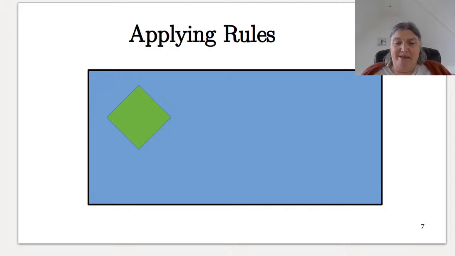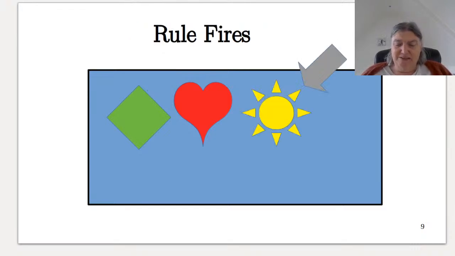Now I have the green diamond in the store. I will add a red heart from Prolog, and now our rule fires, and we add a yellow sun.